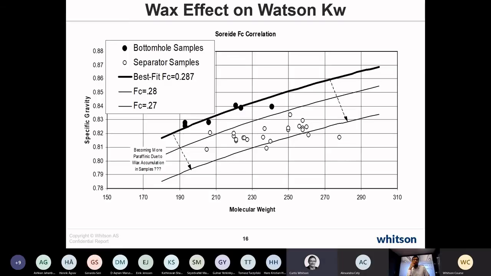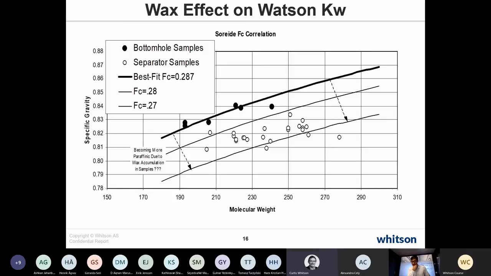I think a general comment: it's a very good question. If you have an oil, it could be condensate, but if you have a wax forming system, in other words, the wax appearance temperature is likely to lead to some wax formation in some samples, maybe in the laboratory, I think the consequence will be that this relationship between specific gravity of the flashed oil and the molecular weight of the flashed oil will show scatter, in varying degrees.